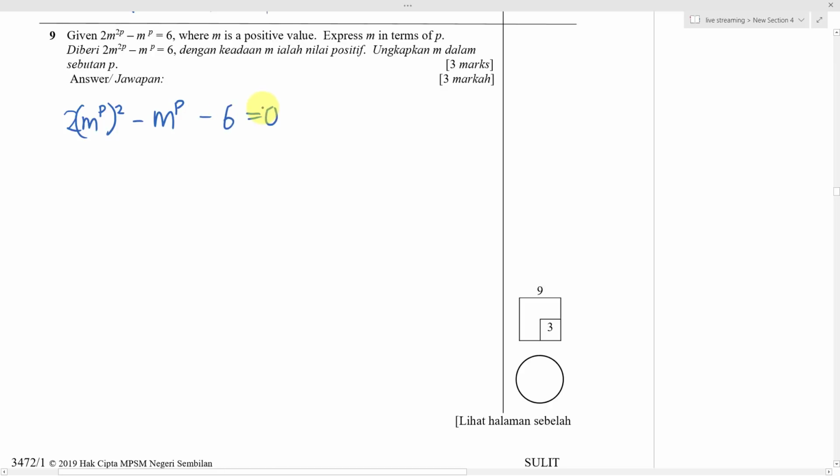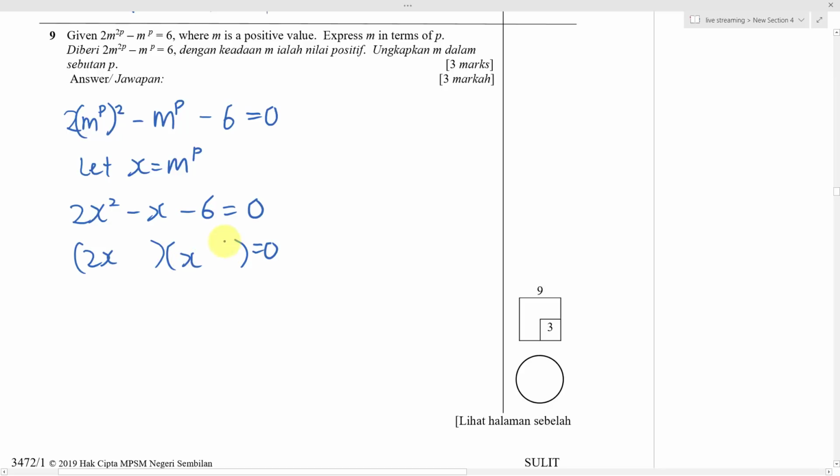And then if you can't see this one is a quadratic equation, what I can do is maybe I let x equals to m power p. So I have 2x squared minus x minus 6 equals 0. Then you should be able to see this one is a quadratic equation. Then you just factorize it. This is 2x. This is x. Get 1. This one is 3 and 2, minus and plus.